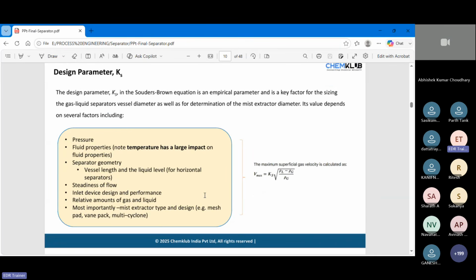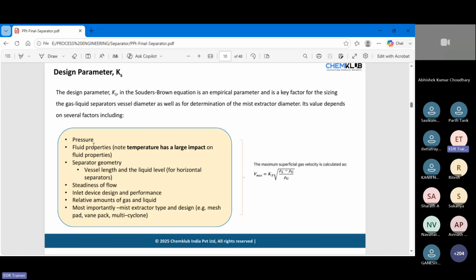Now if you can see here, a major equation, the Souders-Brown equation. Generally we can calculate the gas velocity as per the requirement using the Souders-Brown equation. Then what factors are included to size the separator, or what are the requirements to calculate the gas velocity?